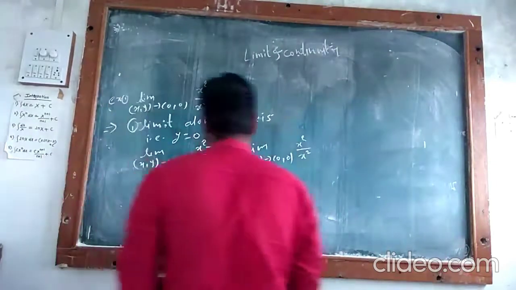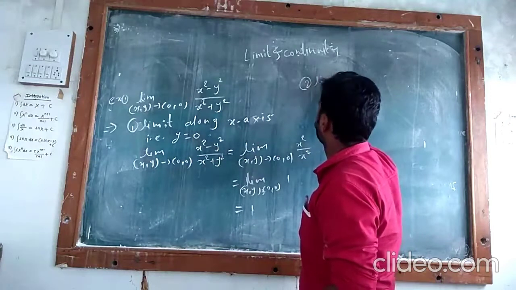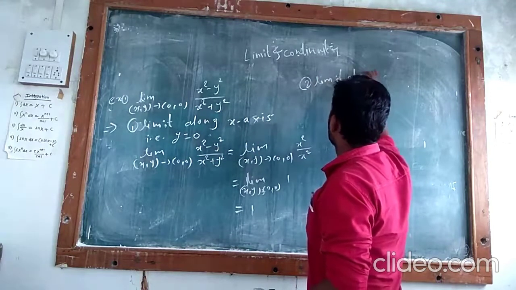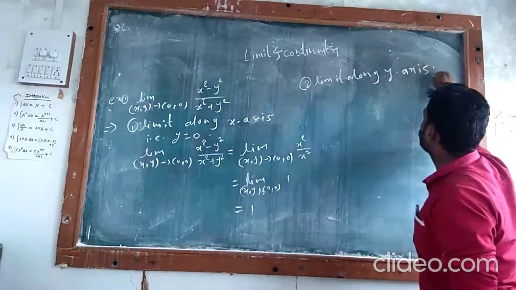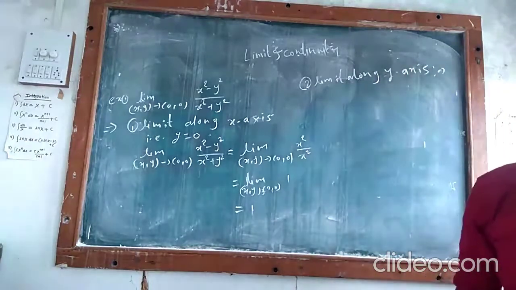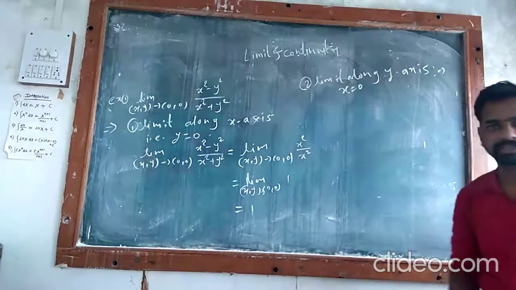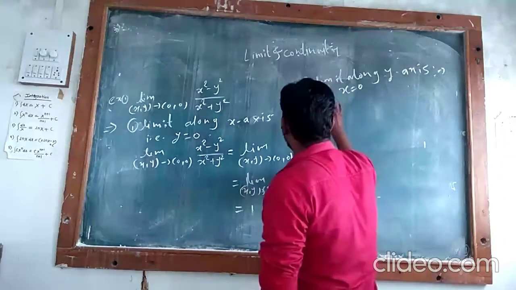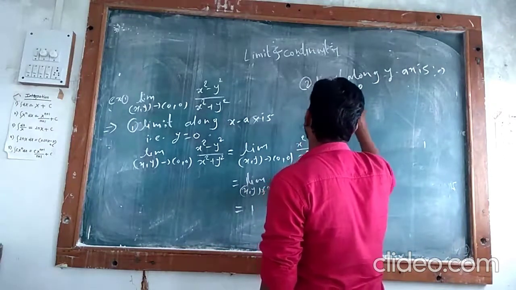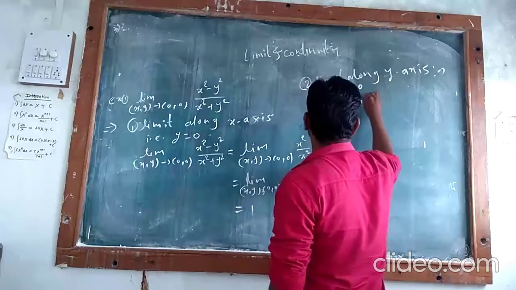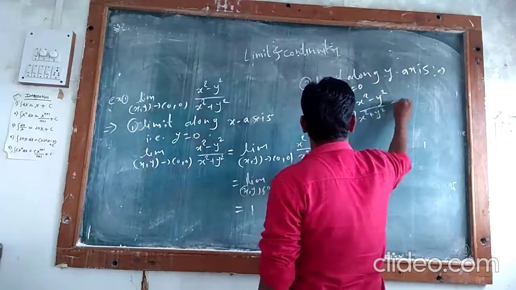Next one is the limit along y-axis. For finding the limit along the y-axis, we have an equation that is x is equal to 0. Therefore, we have the limit as xy tends to 0, 0 of x square minus y square upon x square plus y square.